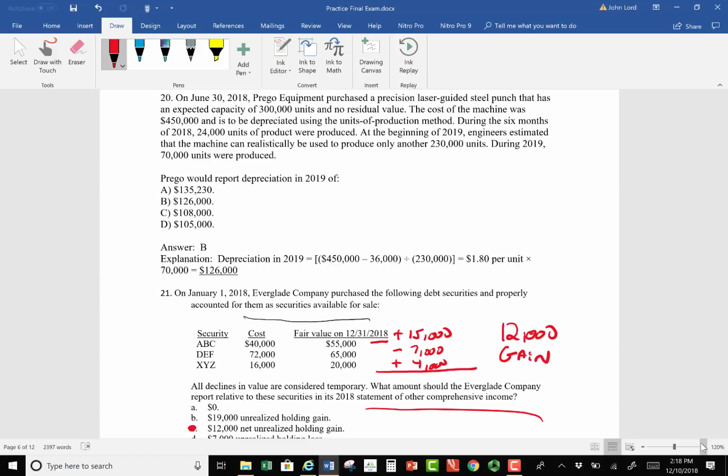Okay, so that's a $7,000 loss. And then the XYZ security is up, so we got a $12,000 net gain here for these. That's going to be a debit to the fair value adjustment, credit to other comprehensive income, right? Okay. Okay, good.